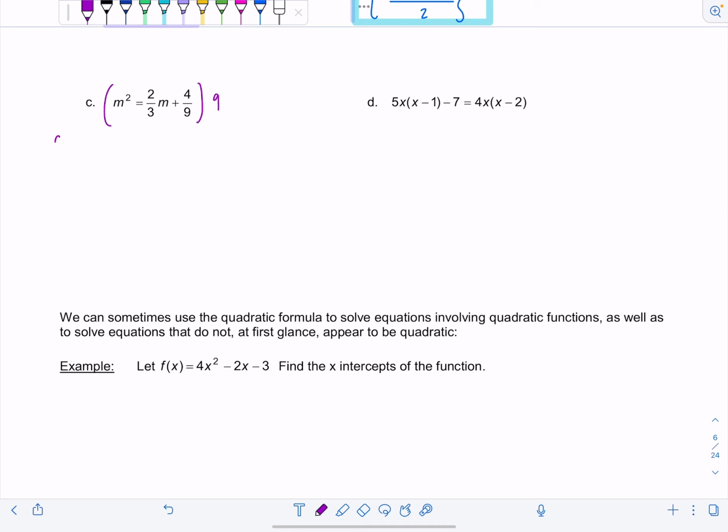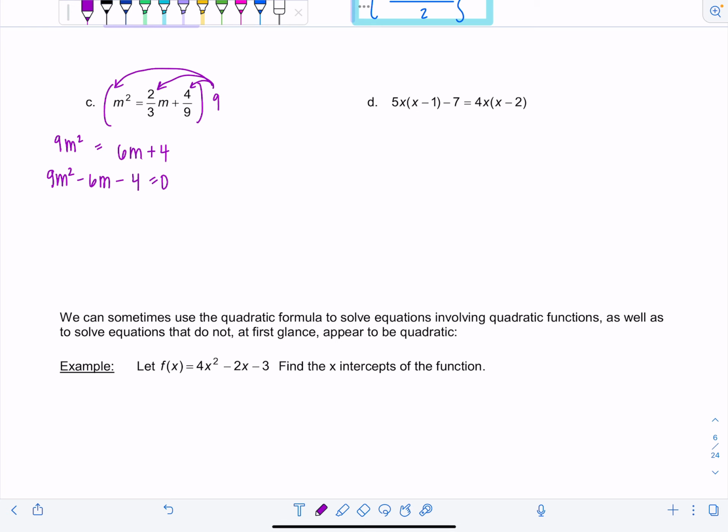So this is now 9m squared equals, it has to distribute to everybody, yes? Okay, so 2/3 m times 9, the 3 cancels, so that's going to be 6m plus 4. And then again, we need to set this equal to 0, so we've got 9m squared minus 6m minus 4 equals 0.